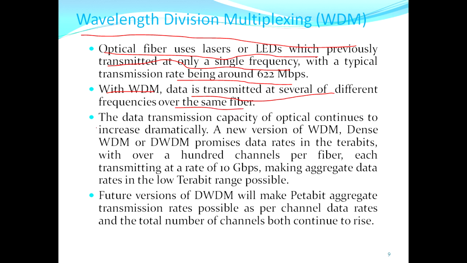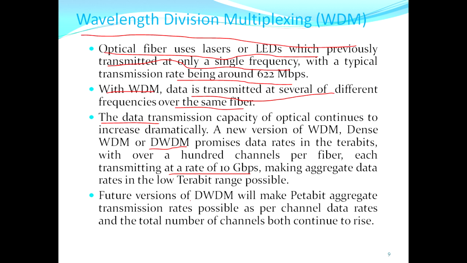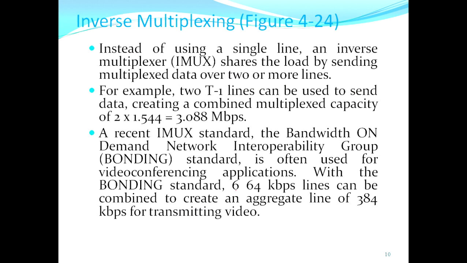That is the meaning. Later we have an additional version of WDM called DWDM, dense wavelength division multiplexing, where we can have a higher data rate up to 110 Gbps, right? At present, research is going on to increase this data rate further.